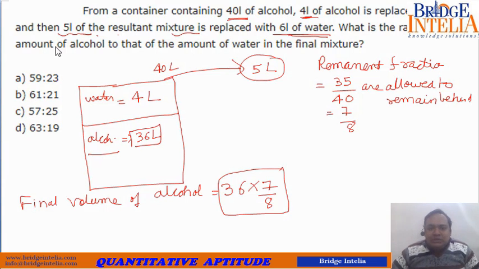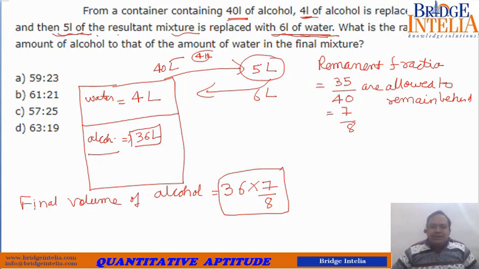Please note that you have taken out 5 liters, but you are returning back 6 liters of water. That means volume also changes from 40 to 41 liters, because you have taken out 5 liters but you are returning back 1 liter extra, 6 liters. So volume will increase by 1 liter.